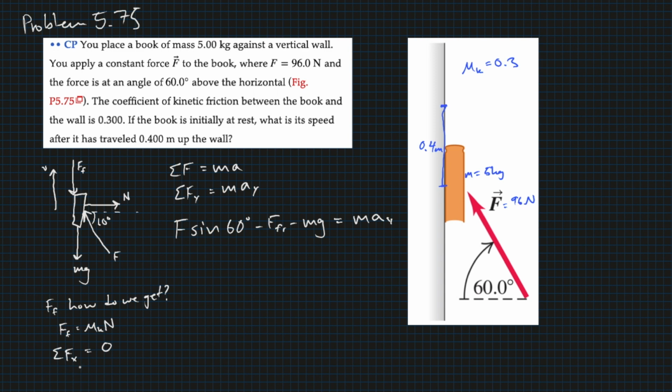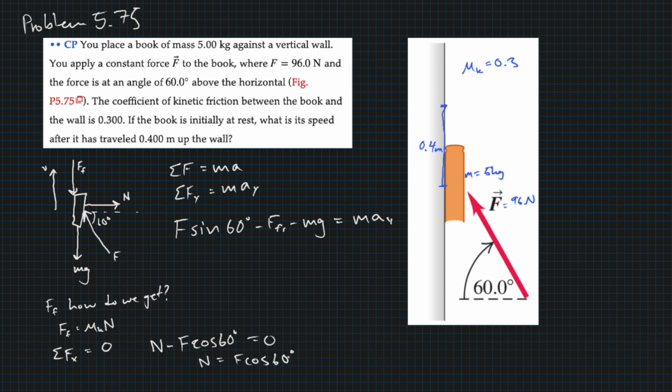If I write this out, adding up all the forces in the x direction, I've got the normal force going off to the positive x, and the horizontal component of F, F cosine 60 degrees, going off in the negative x direction, all that equals 0. And so here the normal force equals force F times cosine 60 degrees.